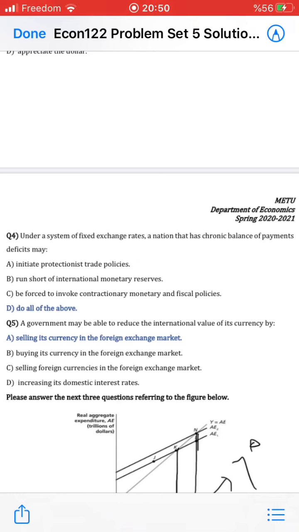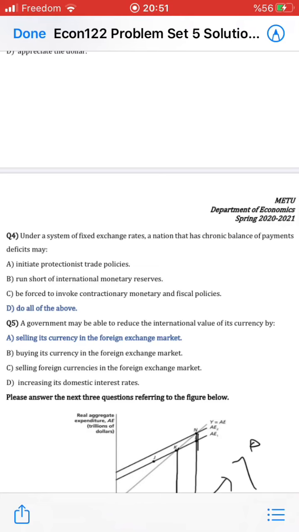B. Run short of international monetary reserves. Well, this happens when you both want to protect the value of your currency and want to do international trade. To keep the value of your currency when you do international trade with a current account deficit, you have to supply dollars.